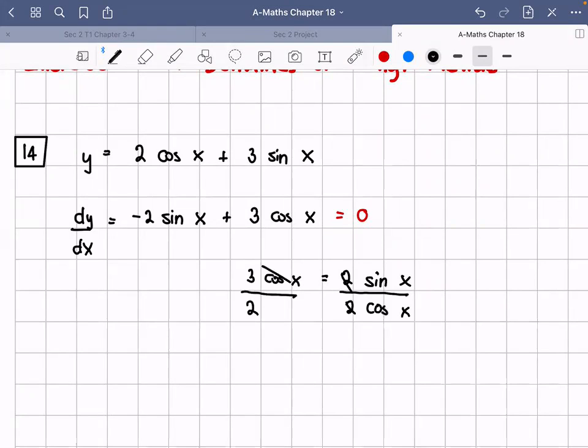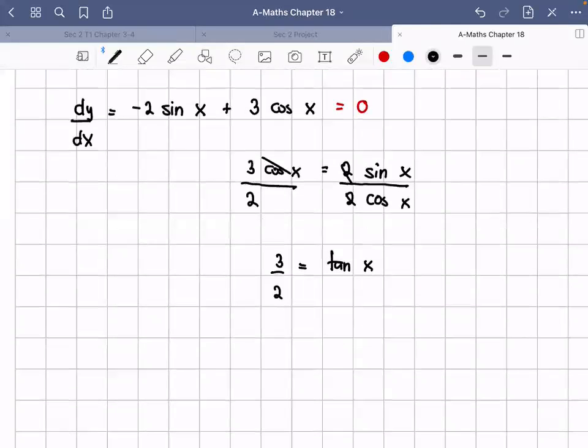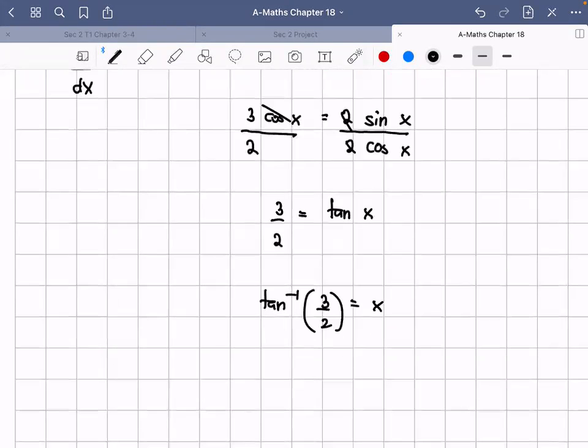So you have 3 over 2 equals sine x over cosine x, which is tangent x. And then how do you solve for x? So it becomes inverse tangent of 3 over 2 equals x. So please use your calculators.